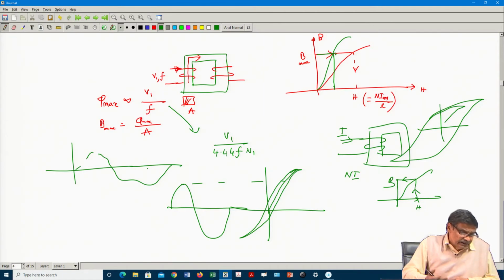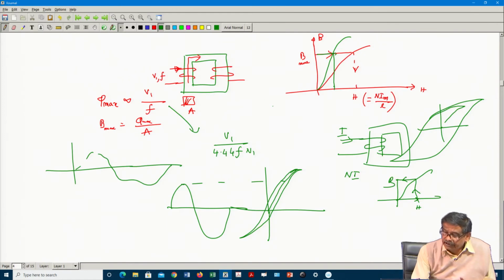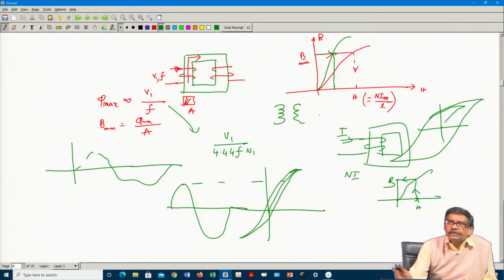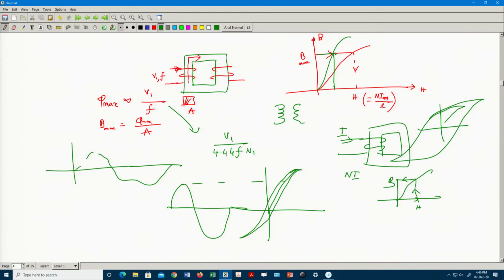Acha, another question has been asked by Shweta Gupta. She has asked why you can't discuss the third harmonic in a single phase transformer. I could not really get this question. Most probably, if I have understood correctly, suppose a single phase transformer is there and I have applied a single phase sinusoidal voltage source.